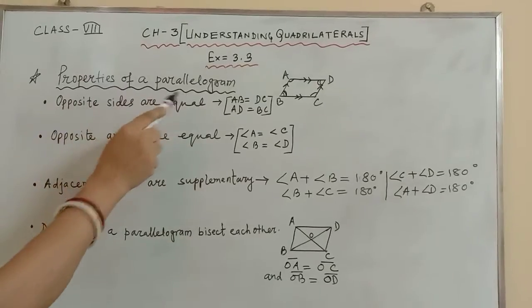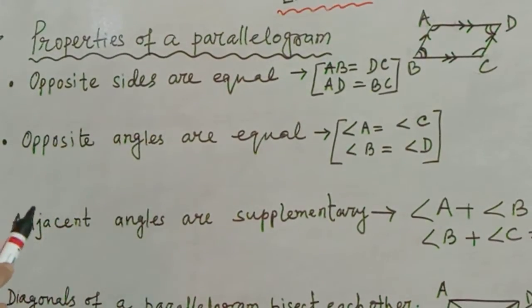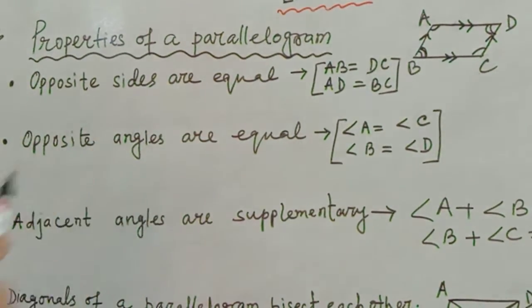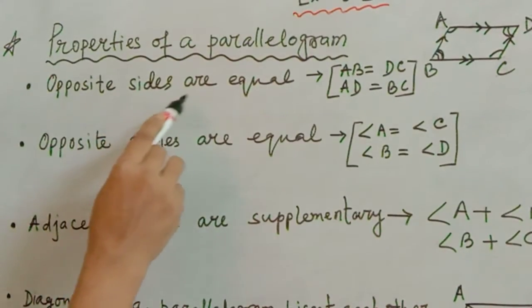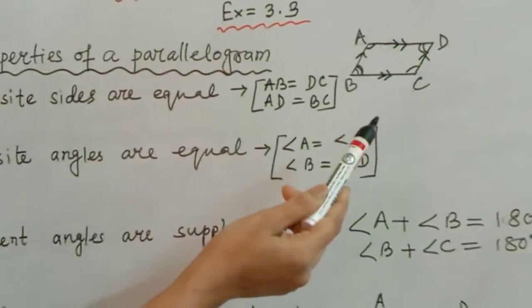Now we will go with the properties of the parallelogram. As the parallelogram is very important for class 8, we will learn a few properties of parallelograms. The first: opposite sides are equal. In a parallelogram, you know that opposite sides are equal and parallel.